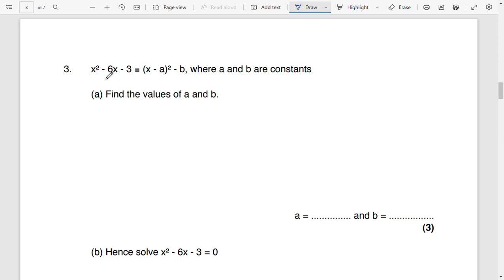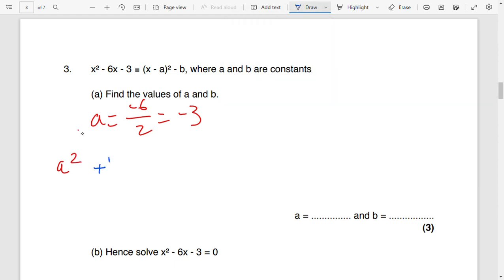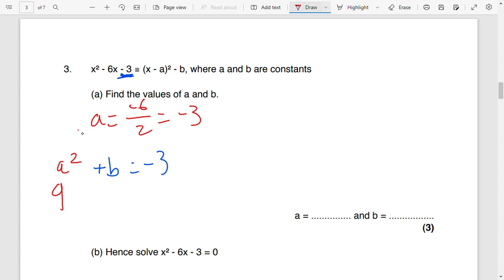a is going to be half of the number in front of x, so a is going to equal minus 6 divided by 2 equals minus 3. Then a squared plus b is going to equal the number with no x's attached, which is going to be minus 3. a squared, so minus 3 squared is 9. So it's going to be 9 plus b equals minus 3.